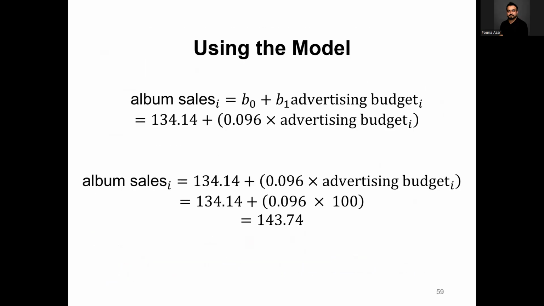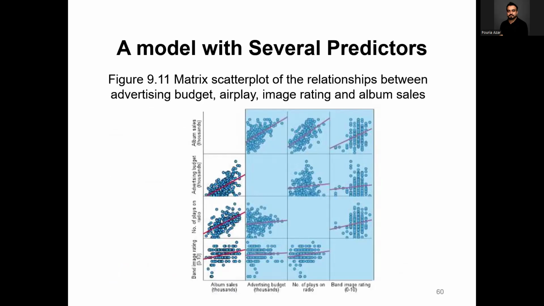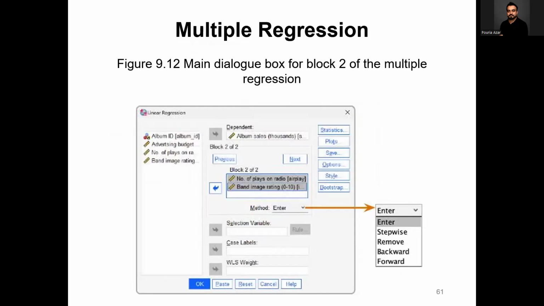So we can plug in those values into this equation and we will get this equation at the bottom. And when we have several predictors, as I said, we can create a matrix scatter plot to assess the relationship between each predictor variable and the outcome variable.